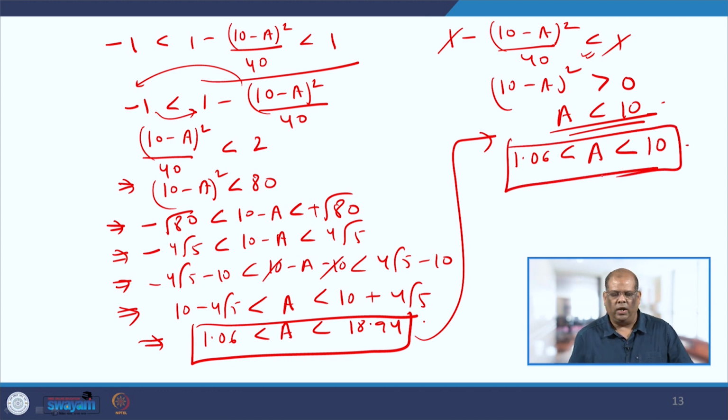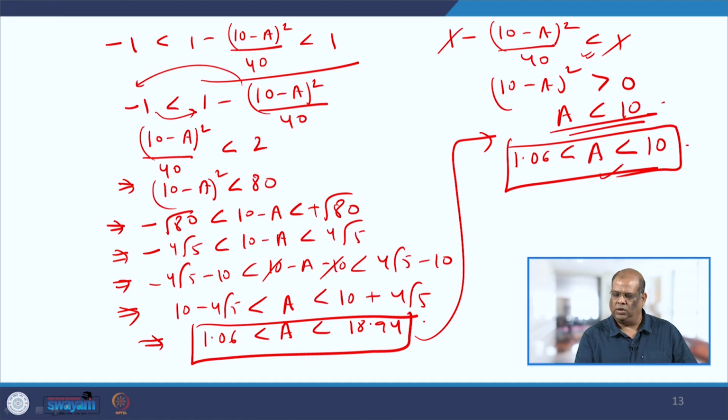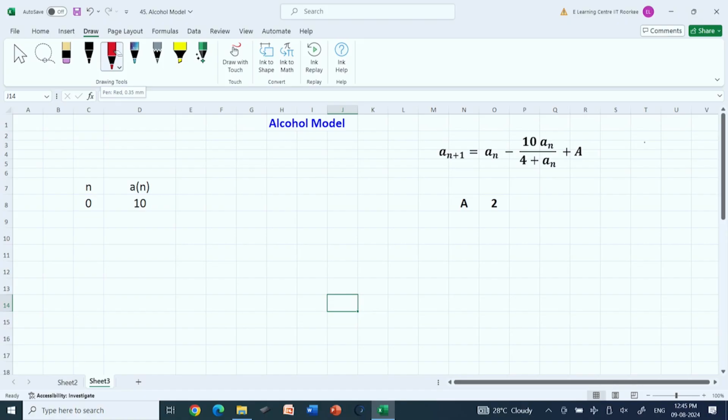So the conclusion is, for this model which captures the dynamics of alcohol, the content of alcohol every hour must lie between 1.06 to 10 units, such that the system is stable. We now look into the numerical solution of this alcohol model, where we have substituted the value of A to be 2.